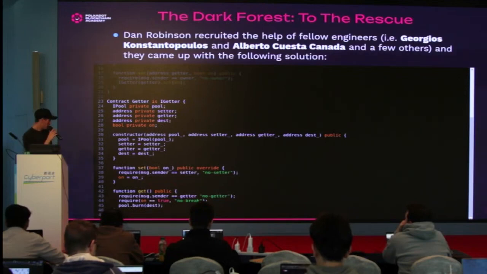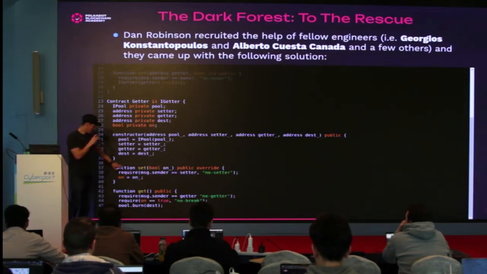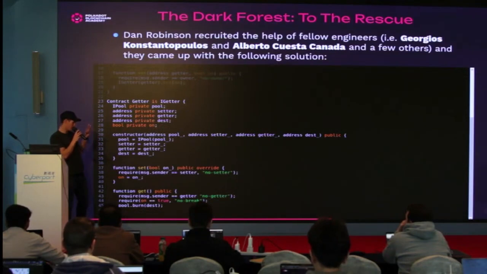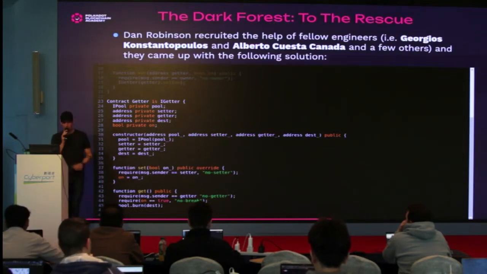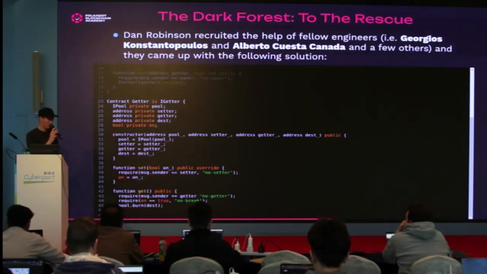Well, basically the problem is that you really need to be careful. There's 12 seconds between blocks in Ethereum, so you need to make sure that set and get are mined at least in the same block.